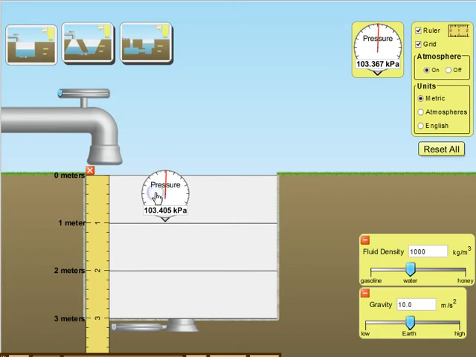The 1 meter value is 103.405. What's the difference between these two now? 0.012, and the difference between the 0 meter line and 1 meter line? 103.393 minus this. Exactly. So it seems like the value is something like 0.012, 0.013 throughout.